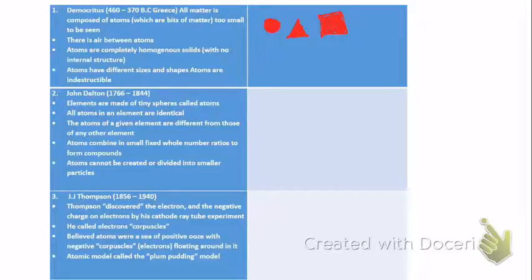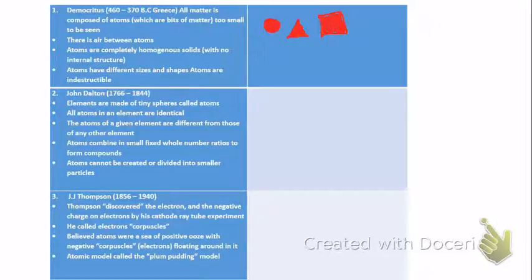I think Democritus and the early Greeks that followed Democritus were on the right idea. And through some experiments and looking at some data about what matter was composed of, he came to the conclusion that really matter is composed of atoms. So the idea of atoms is going to come back now with John Dalton.